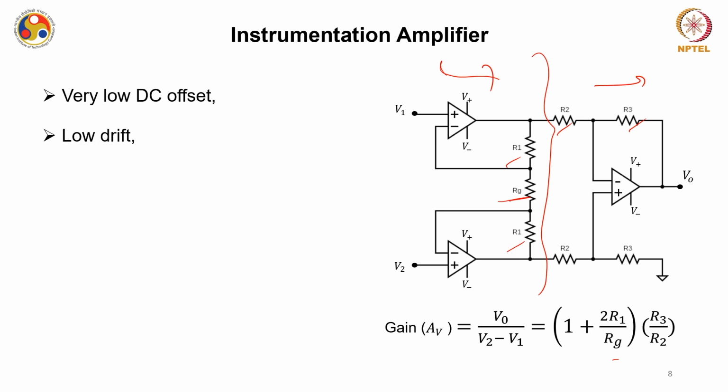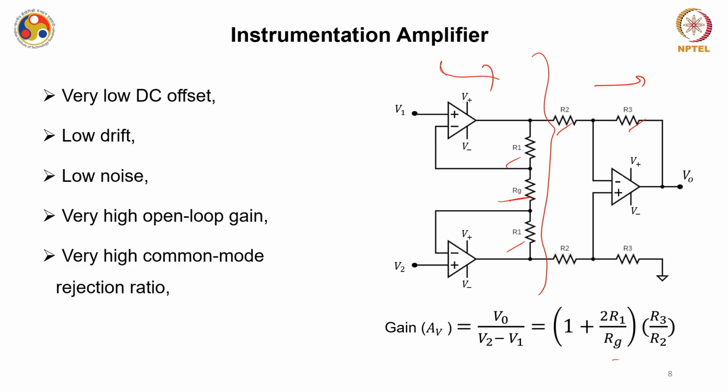Fine. So this IA, as I was mentioning, has a very low DC offset. The drift is very small. The noise is very low, because of its configuration and its very high input impedance. This kind of amplifier has very high open loop gain also, and very high CMRR that we have just seen.